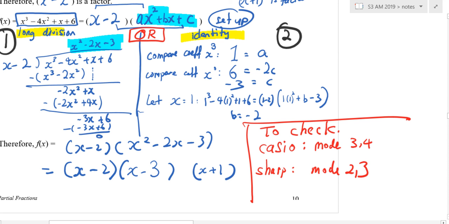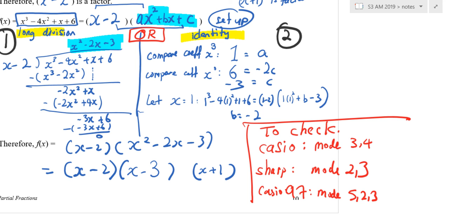Right? So, mode 2, 3, right? Mode 5. Oh, this is Casio 97, is it? Mode 5, 2, 3. Right. So, press your calculator, everyone now, and see if you get x equals to 2, x equals to 3, x equals to minus 1.